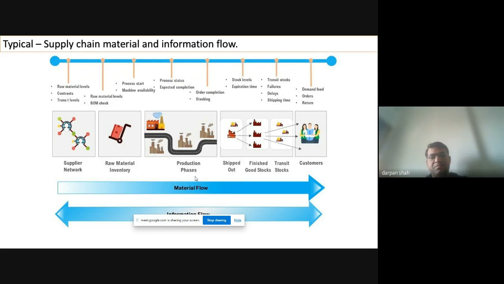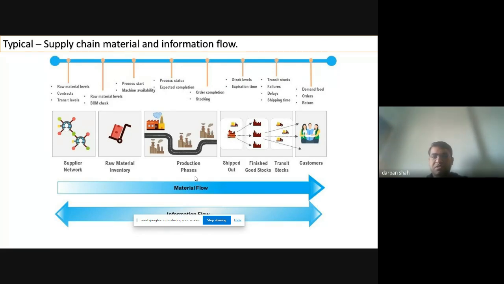And after completion of the process, the finished product is supplied to the main company, the parent company, where it is used to assemble a bigger product, which will eventually go to the end customer.